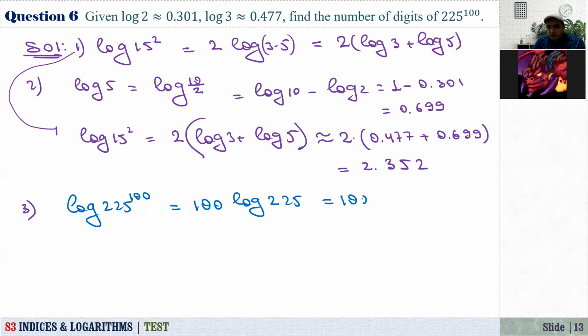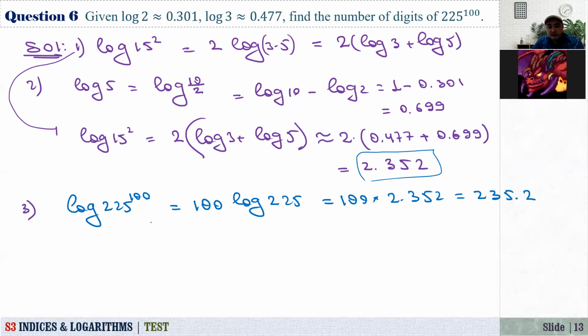So that's equal to 100 times, what is log 225? We have just found here, that's equal to 2.352, multiplied by 100, 235.2, right?